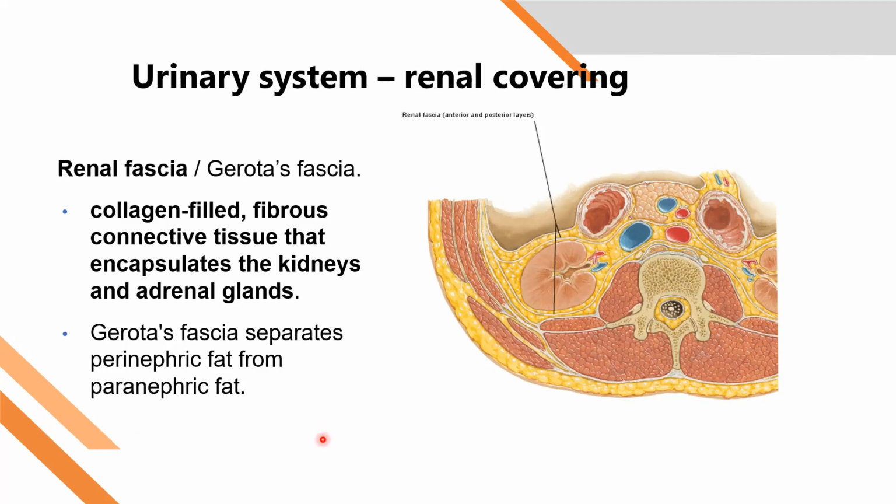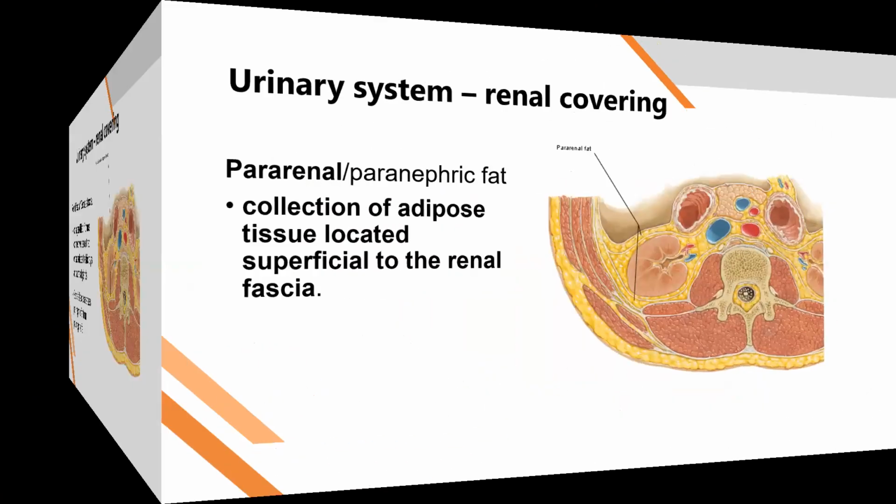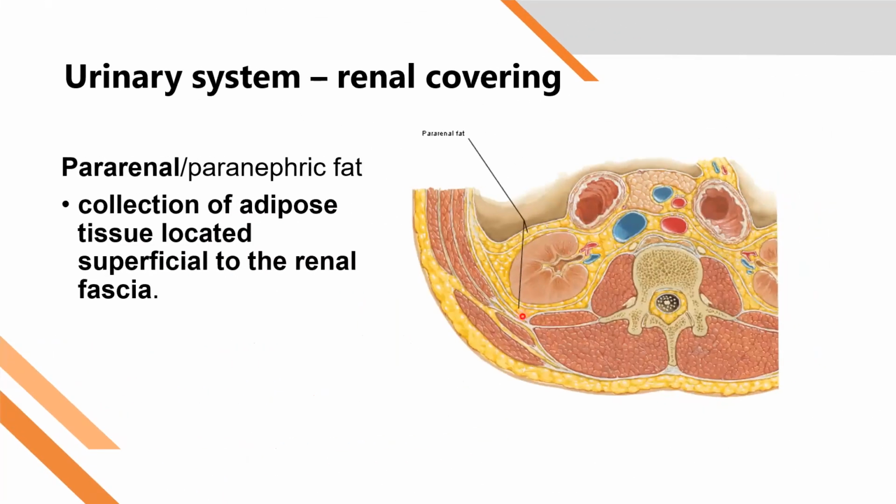Gerota's fascia separates perinephric fat from paranephric fat. Para means outside, the fat outside the renal fascia. The pararenal or paranephric fat is the outermost covering, a collection of adipose tissue located superficial to the renal fascia.